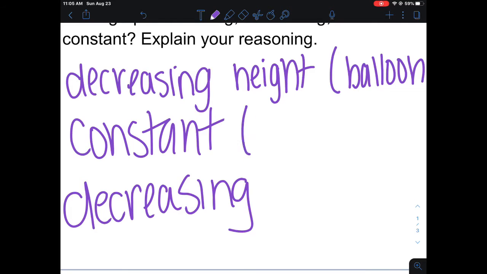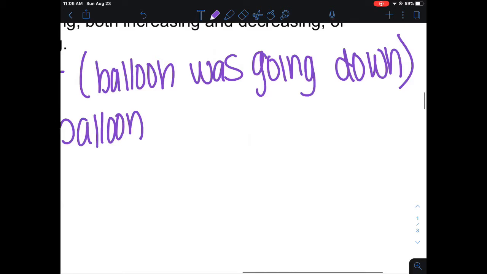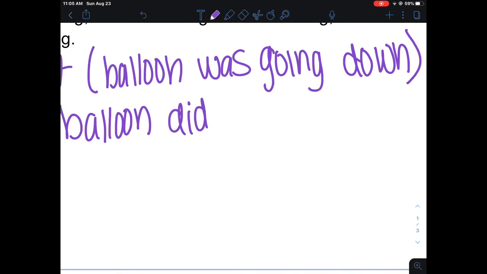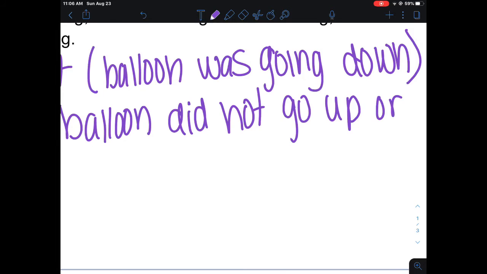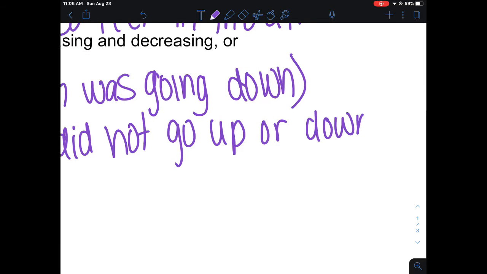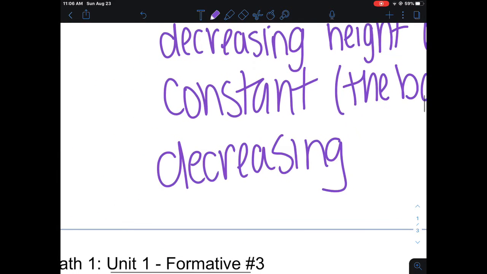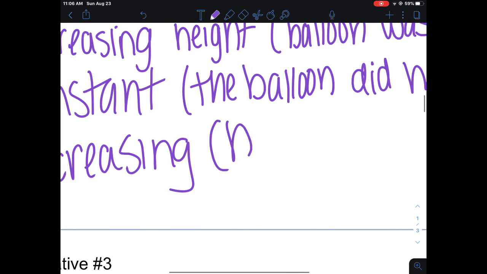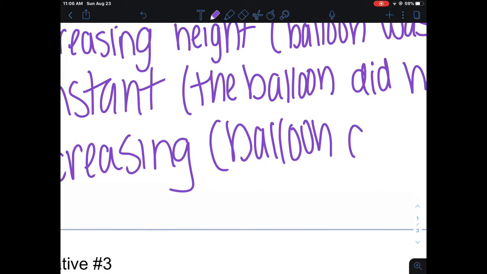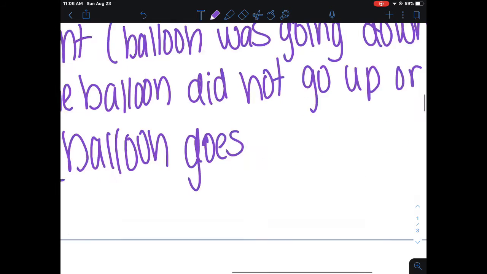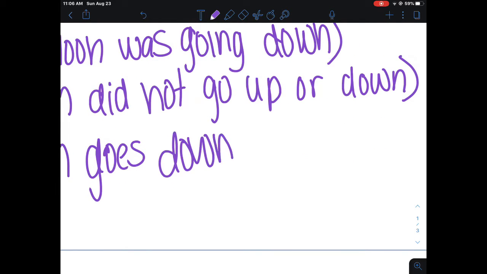Then we stayed constant, so the balloon did not go up or down. And then decreasing, balloon goes down to the ground.